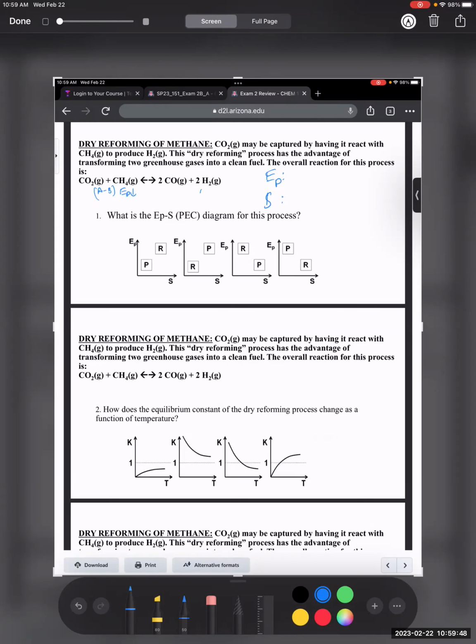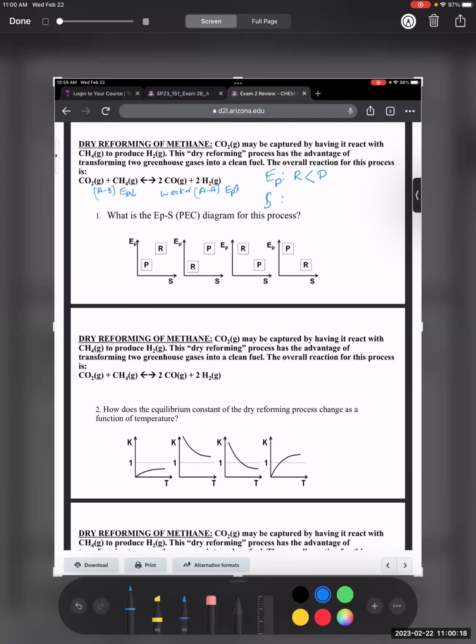And then we have some AA bonds on the product side, meaning they are going to be weaker, and therefore the product side will have an overall higher potential energy. So we can just indicate that. The reactants have a lower potential energy compared to the products.